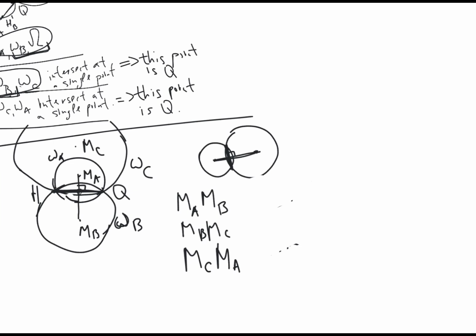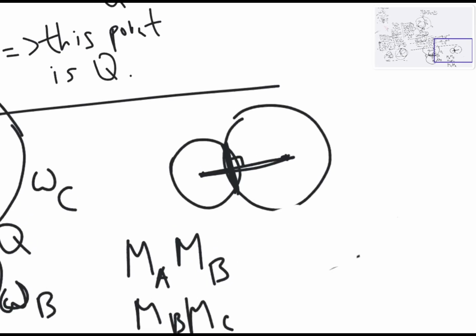The line of centers between two circles is the perpendicular bisector of the common chord, right? So it's not just perpendicular to the common chord, it's the perpendicular bisector of the common chord, right?